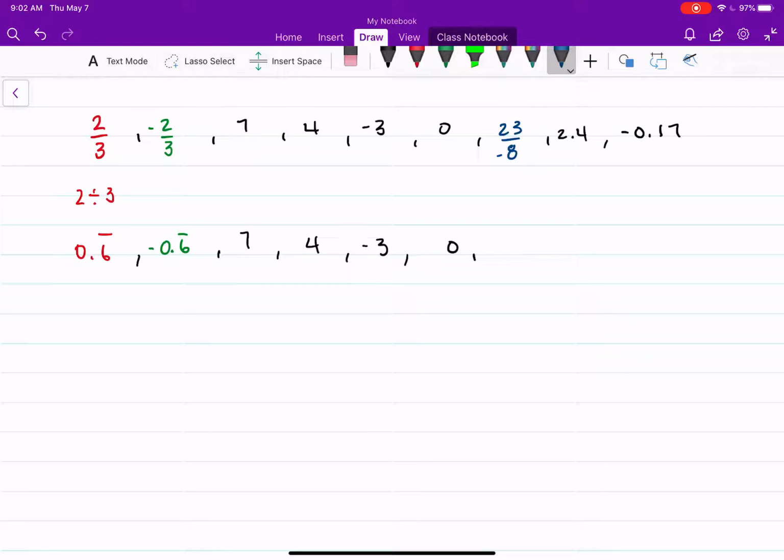And this is going to be a negative 2.875, okay? And then we have the 2.4 and negative 0.17, okay?